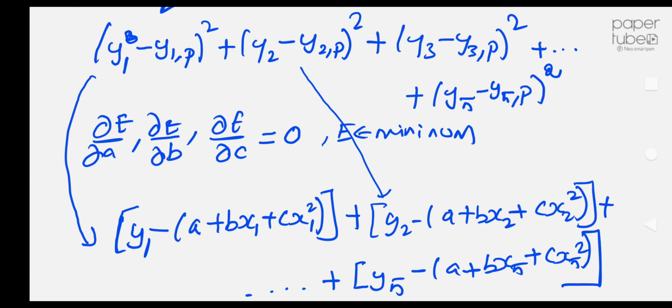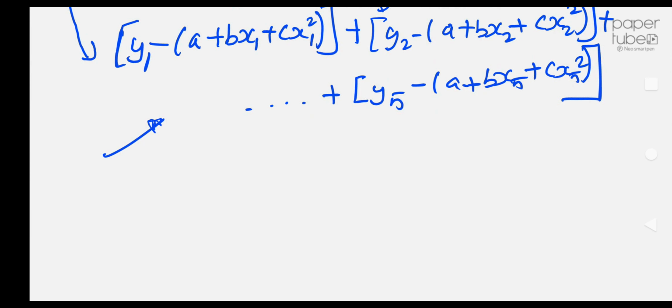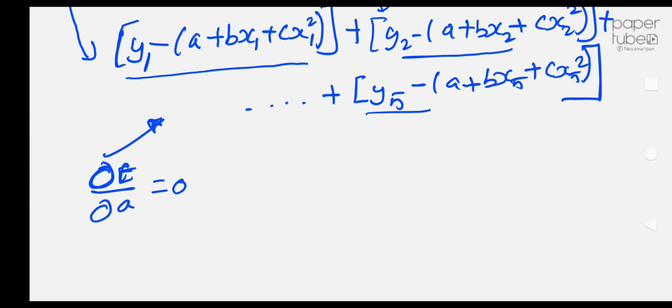Now we have to take the partial derivative of this equation. So how to do that? Let's begin with how the error changes with respect to change in A. So let's calculate dou E by dou A. This should be equal to 0, as I said before.